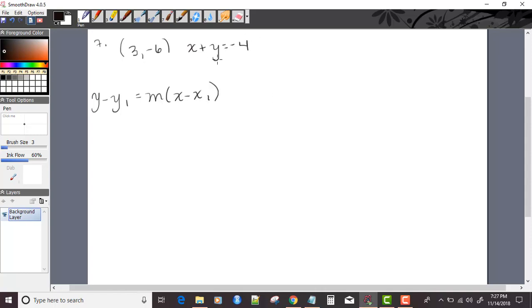But in order to do that, I'm going to need to do something with my standard form equation to make it into slope intercept form. That way I can find out what the slope of this line is. So to do that, let me subtract x from both sides.